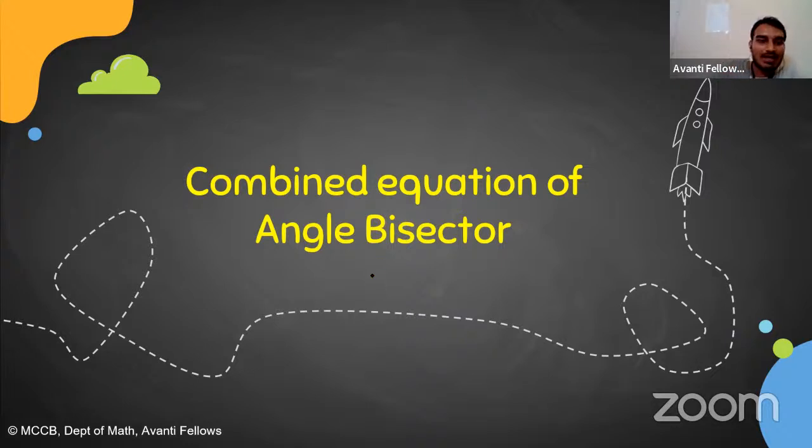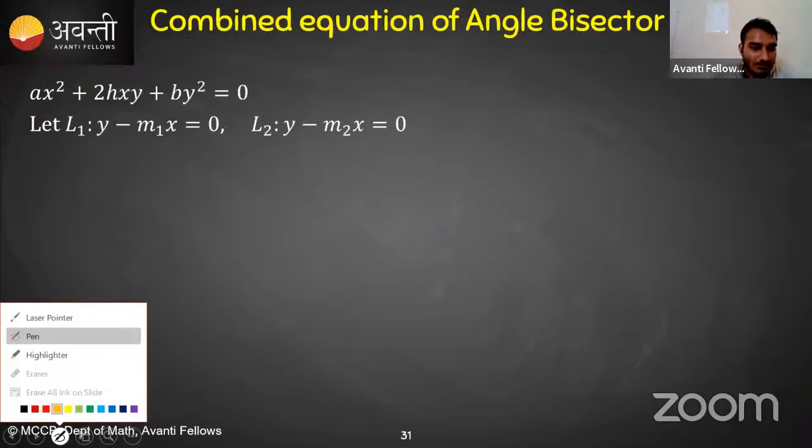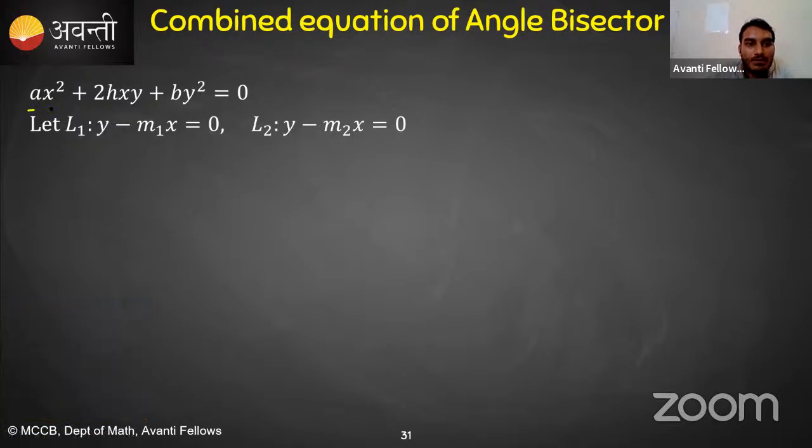So if I ask you the combined equation of the angle bisector of a pair of lines, everybody please focus here. You know that the equation ax square plus 2hxy plus by square equal to 0 represents the combined equation of two lines passing through the origin. One equation will be, let's say, y minus m1x equal to 0, and another is y minus m2x equal to 0.